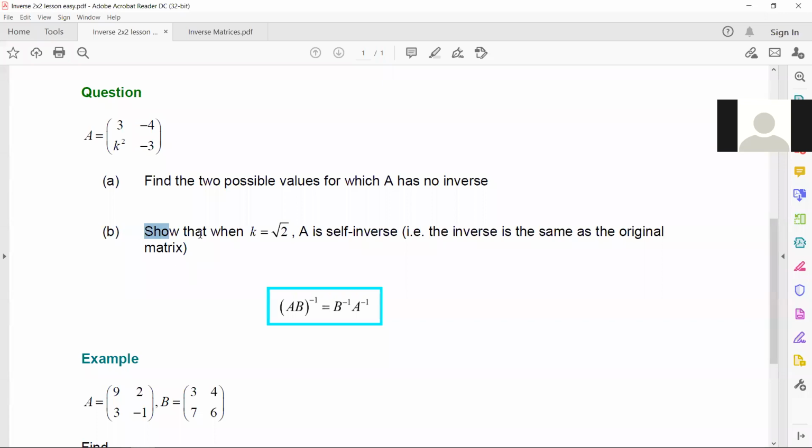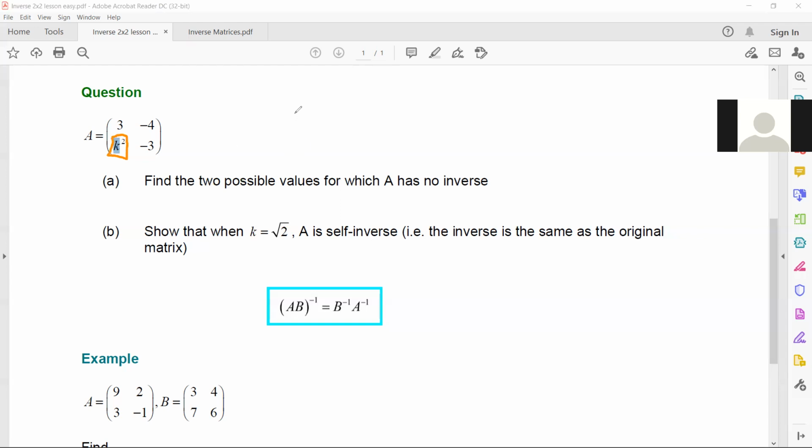Okay. Show that when k equals the root of 2, A is a self-inverse, i.e. the inverse is the same as the original matrix. If we put k as root 2, you just have to note that this element here is k squared.